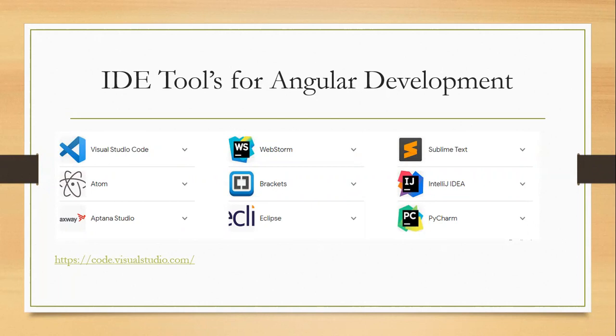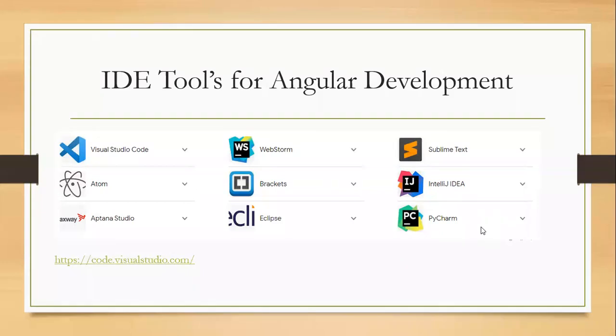Let us install Visual Studio Code and open the previously created project in it, and we'll try to understand the basic structure of an Angular project, and we'll see how to write the TypeScript code.